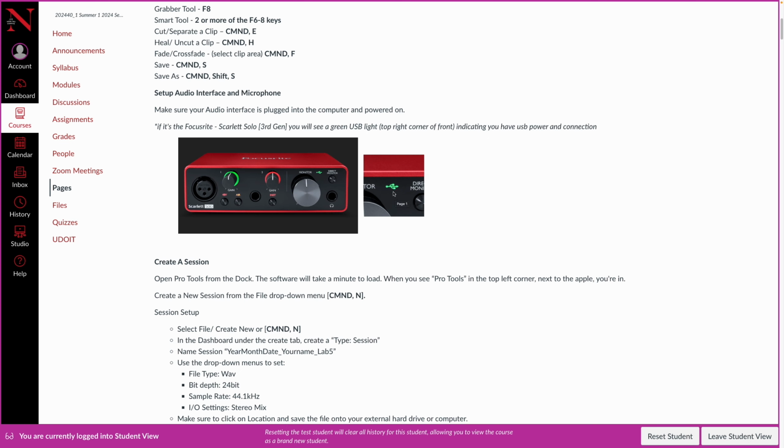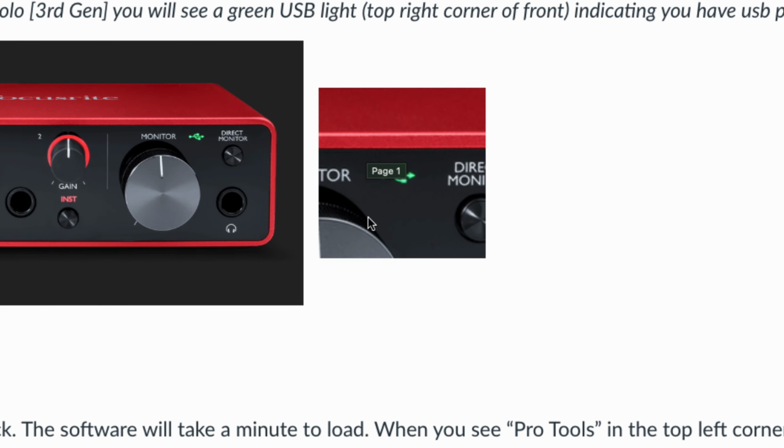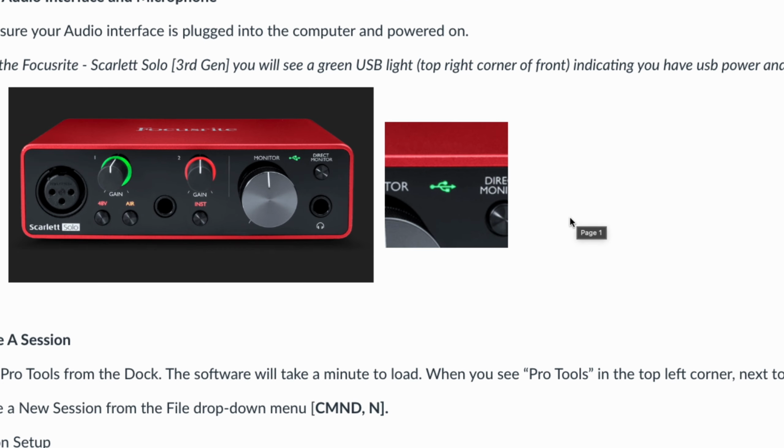The way you can tell that the USB is connected to the computer is there's a little green light here, which shows us that it's in fact connected via USB. On my Scarlett interface, there's a green light as well next to this little USB symbol to show me that it's connected.